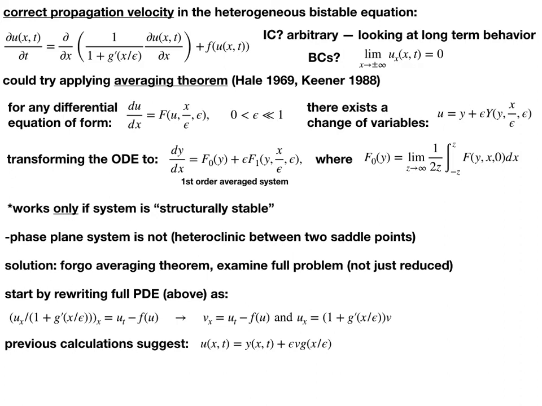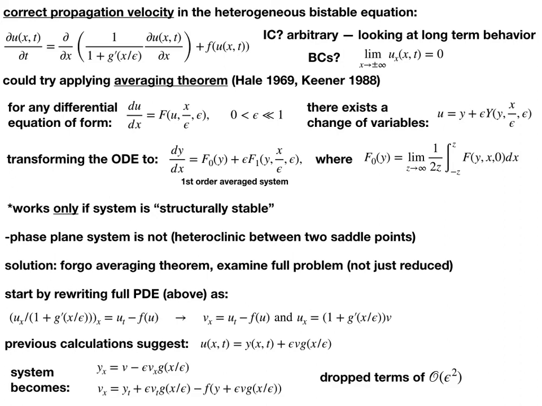And remember I said our previous calculation suggests that up to order epsilon, we should expand u in terms of some function y plus epsilon v times g of x over epsilon. So let's plug this perturbation expansion into our rewritten system of PDEs, and we get that y sub x now is equal to v minus epsilon v sub x, g of x minus epsilon, x over epsilon.